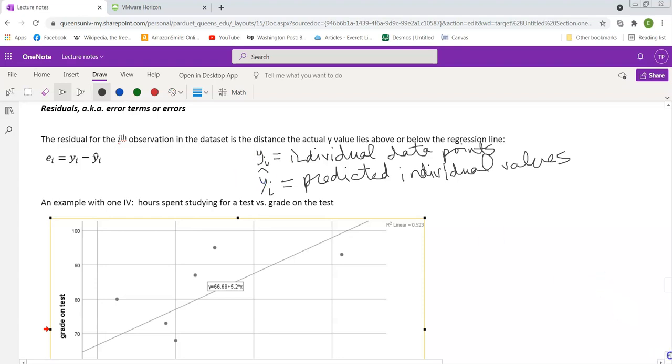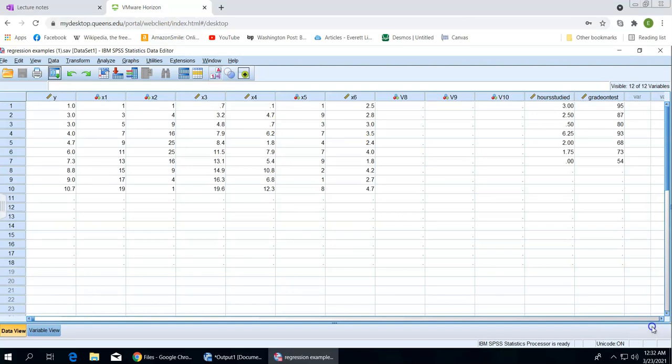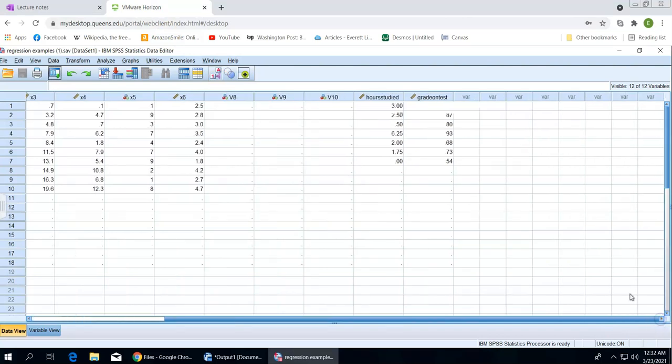All right. So I made up this other example so we could see one with just one variable: the hours spent studying for a test versus the grade on the test. And that's what's over here in this SPSS file. I just made that data up.